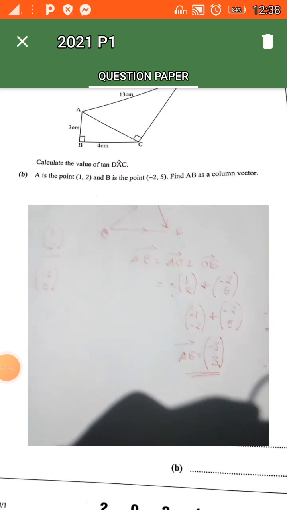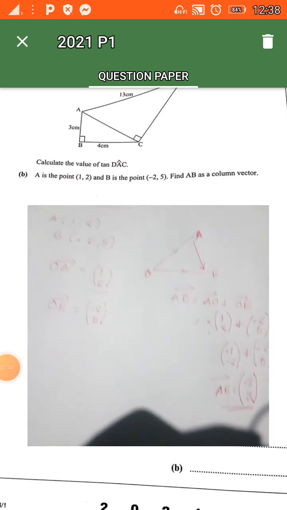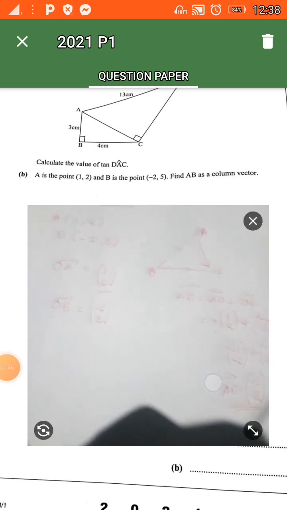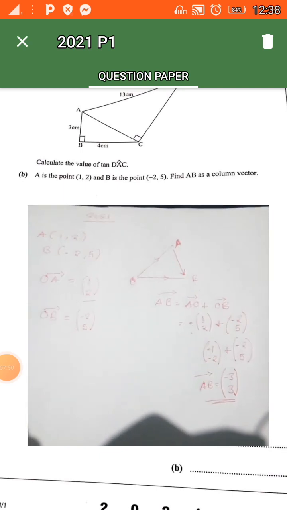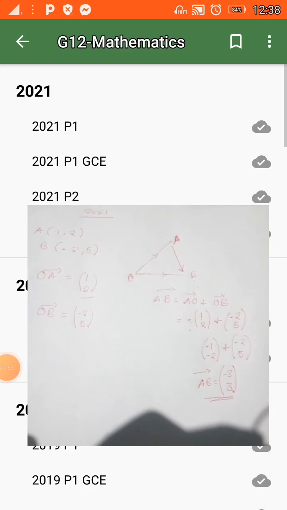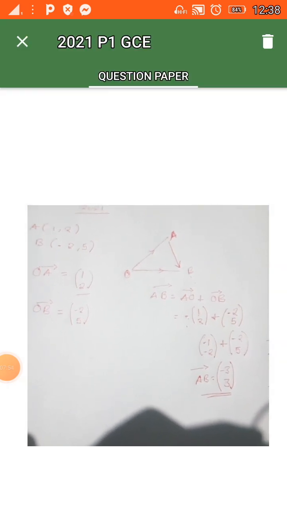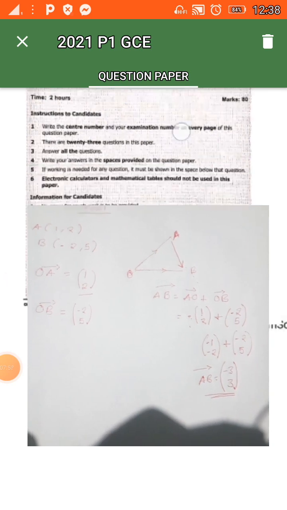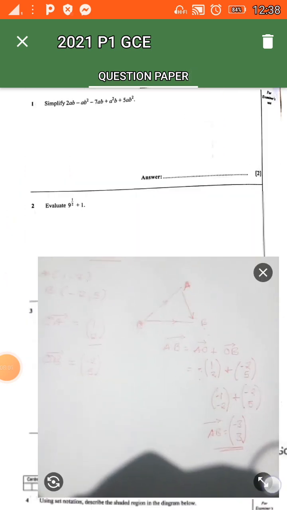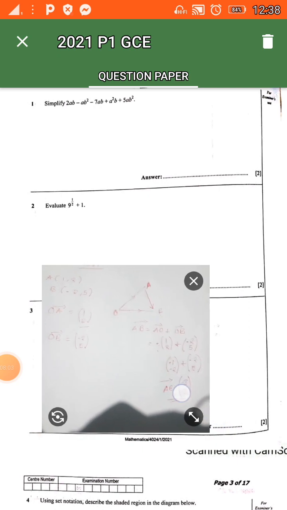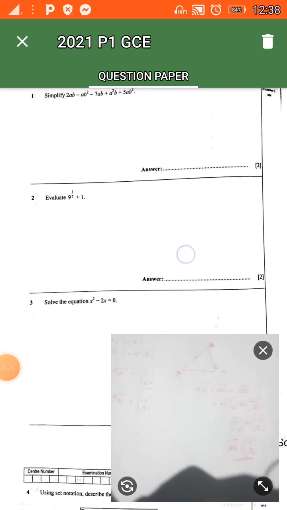Okay, let's go to the next question. It is GCE 2021, same paper.